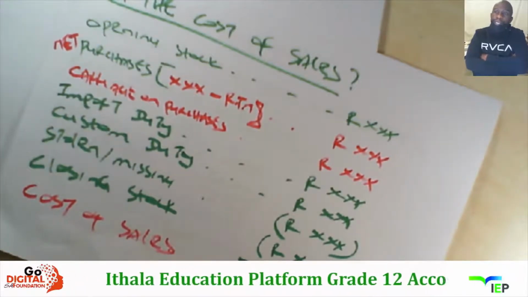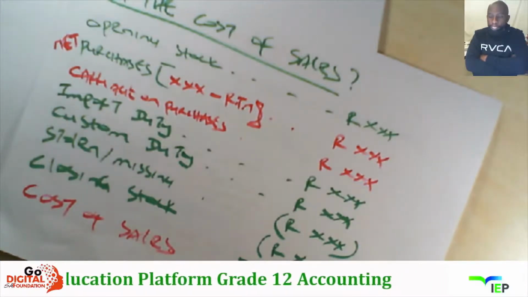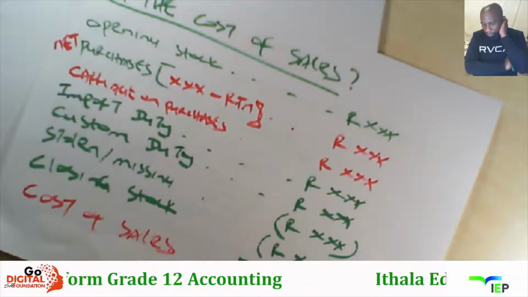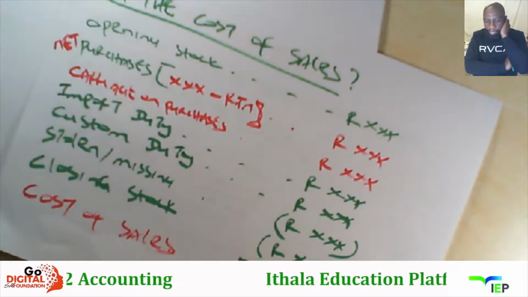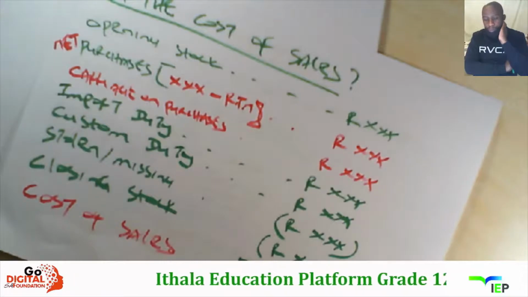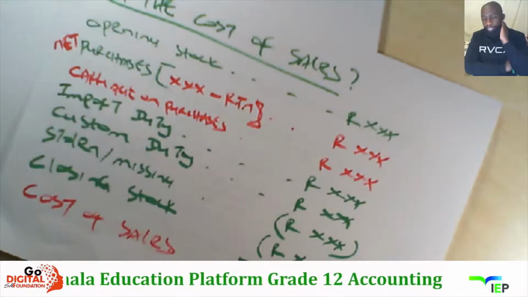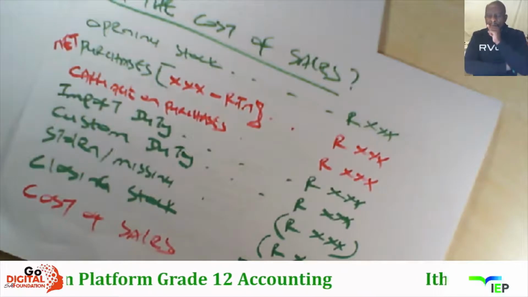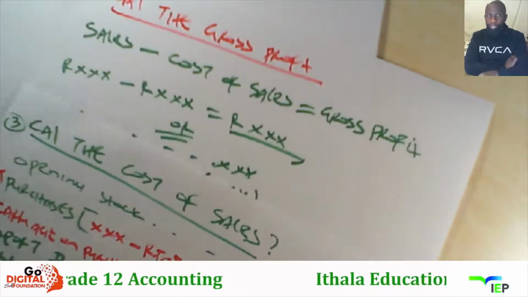It can be carriage, logistics, by bus, by train, by airline, by ship, any mode of transport, plus import duty, plus custom duty, less stolen or missing, less closing stock. You get the cost of sales. That is basically your answer there.